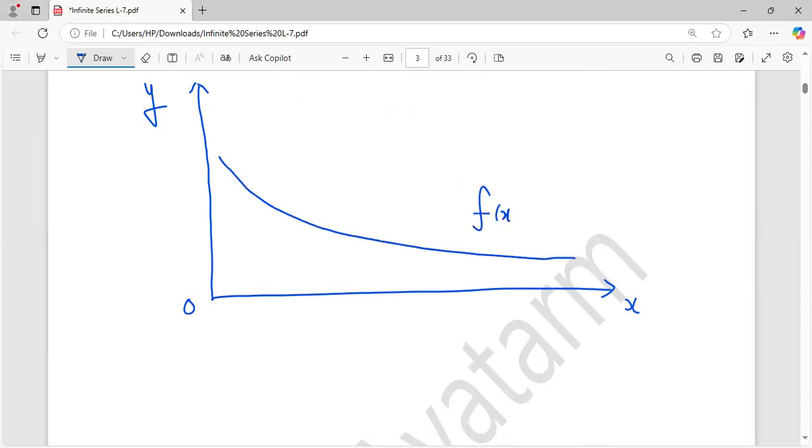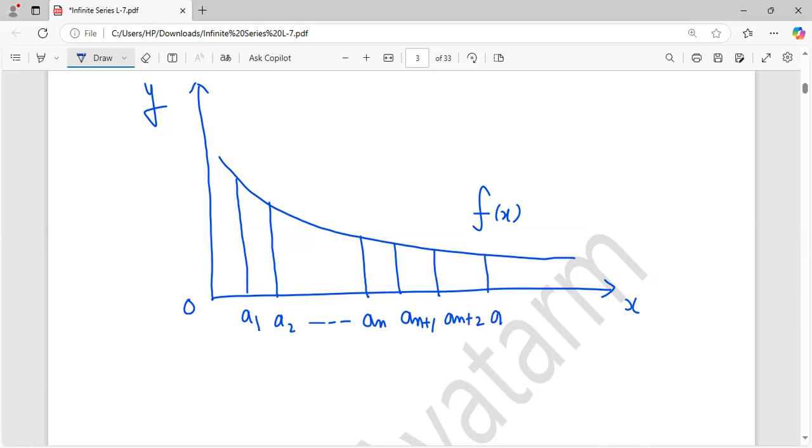This is my f(x), and this is my a_1, this is my a_2, and somewhere a_n will be there, and a_(n+1) will be here, then a_(n+2) here, and a_(n+3) here, and it will be continuous. Here we can join this, and continue. We can proceed like that.